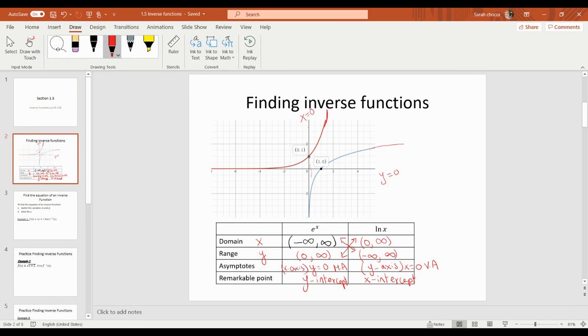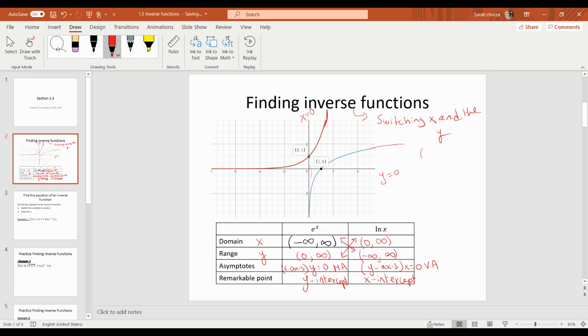As we see right here in the table, the x and y's are switched. So we said the domain switches with the range, the range with the domain, horizontal asymptote versus vertical asymptote, y-intercept versus x-intercept. So we can understand that the relationship between inverse functions is basically switching the x and the y.